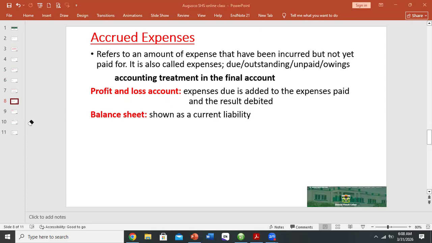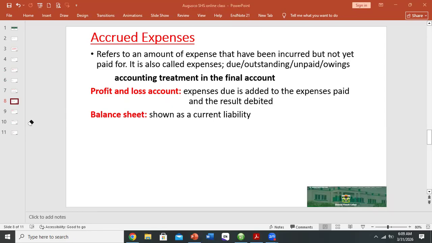Now, in the balance sheet, since you haven't made payment for this expense, it is shown as a current liability. Because it is an owing, you would have to show it as a liability. So note the treatment very well. In the profit and loss account, you add the expenses that has accrued or that is due or outstanding or that has not been paid.